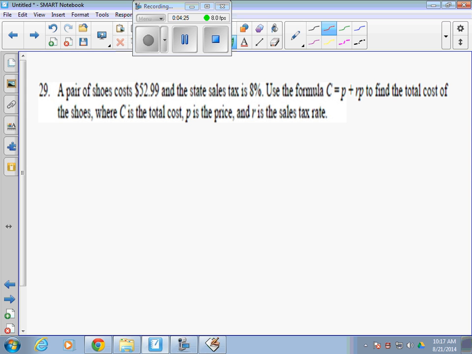29 says a pair of shoes costs $52.99. The sales tax is 8%. Use the formula cost equals P, the price, plus the rate times the price. So the cost equals the price, $52.99, plus the rate, here's your rate here, 8%.